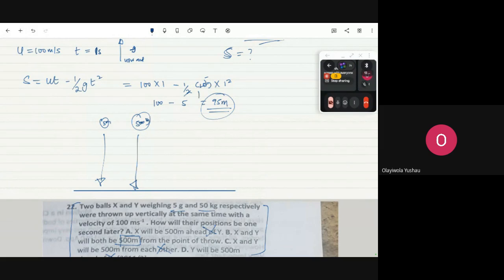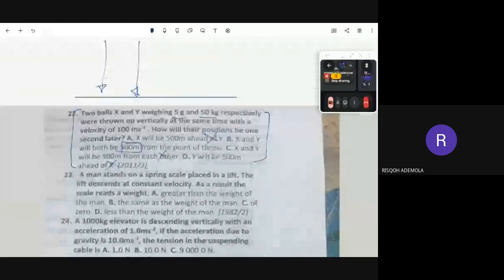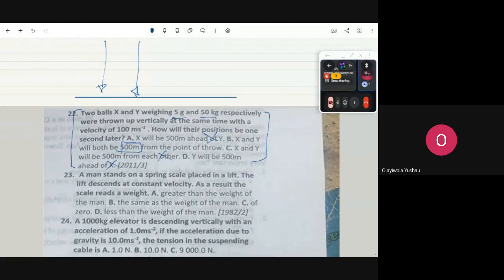Is it better? It's not better. Okay, is it better now? It is still cracking.